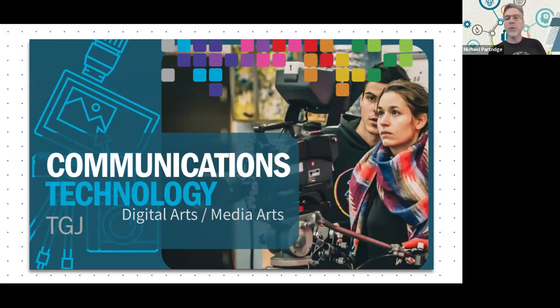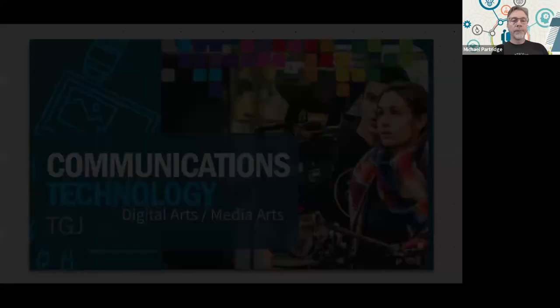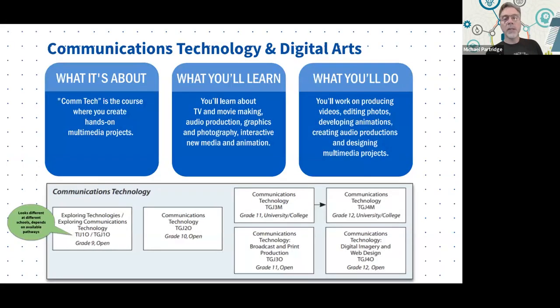The first types of courses that you'll see in your course selection will be TGJ courses, and these are communications technology courses. In some schools, they might put them as digital arts or media arts, but basically TGJ courses are creative digital arts courses. All right, so you'll be doing things like taking photos, editing photos, doing image edits using Adobe Photoshop.